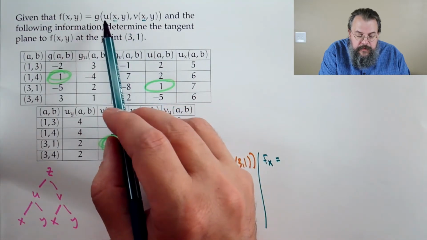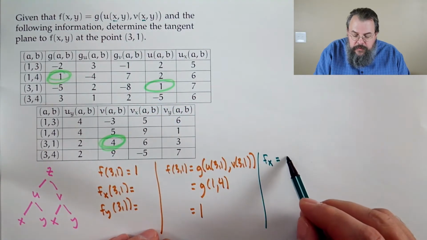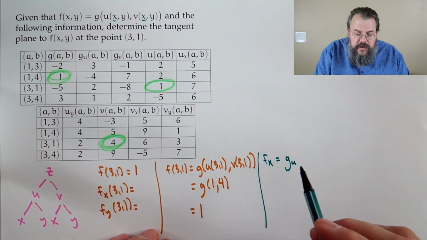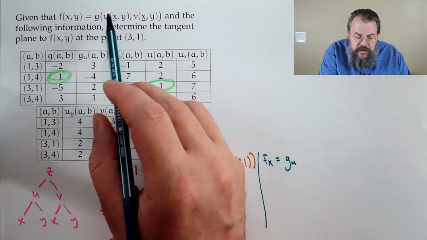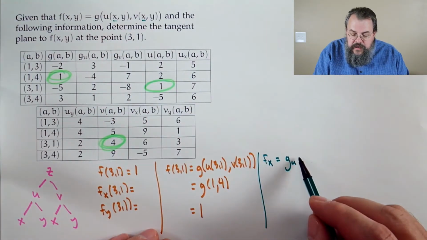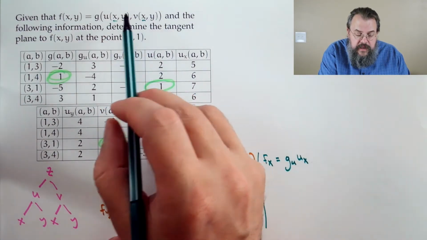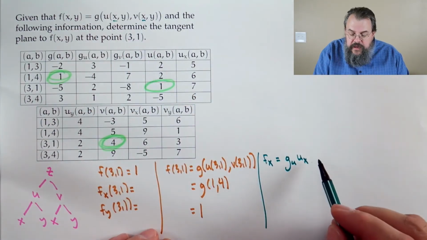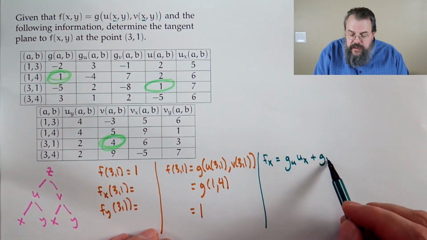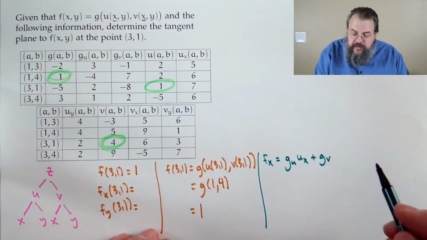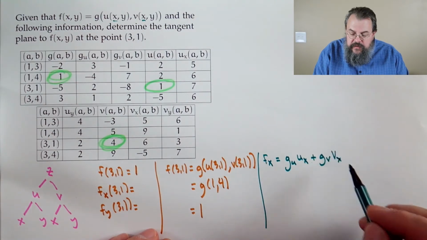So I take the derivative with respect to the first slot, g sub u, times the derivative of what's in the first slot, u sub x. And then I take the derivative with respect to the second slot, g sub v, times the derivative of the second slot with respect to x, v sub x.